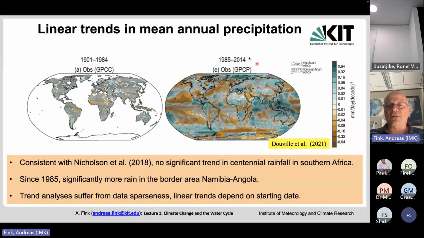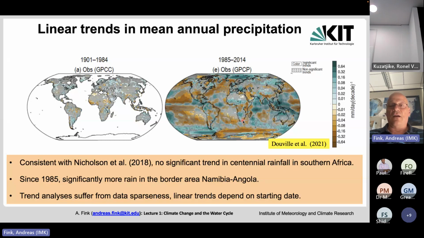When we take a more recent episode, 1985 to 2014, significant trends appear. For example, and interestingly, here, if you see my cursor here, that's Angola, southern Angola, parts of northern Namibia. There has been an upward trend. And during the last, let's say, 30 years or so, there has been somewhat of a negative trend here, but it's not significant.